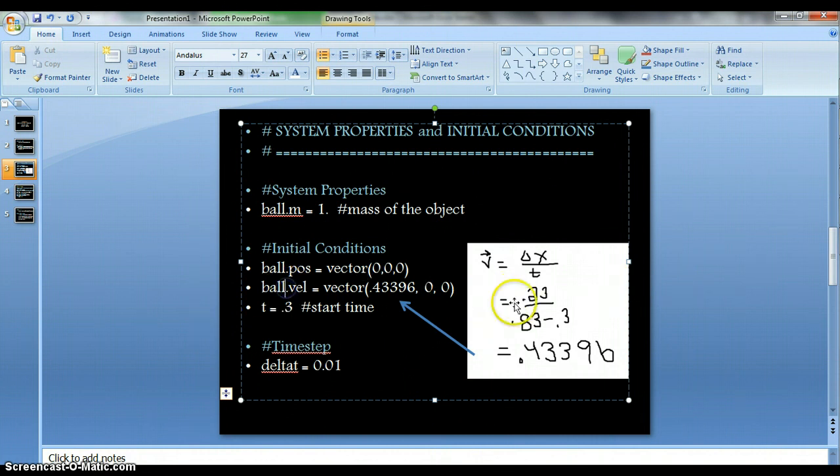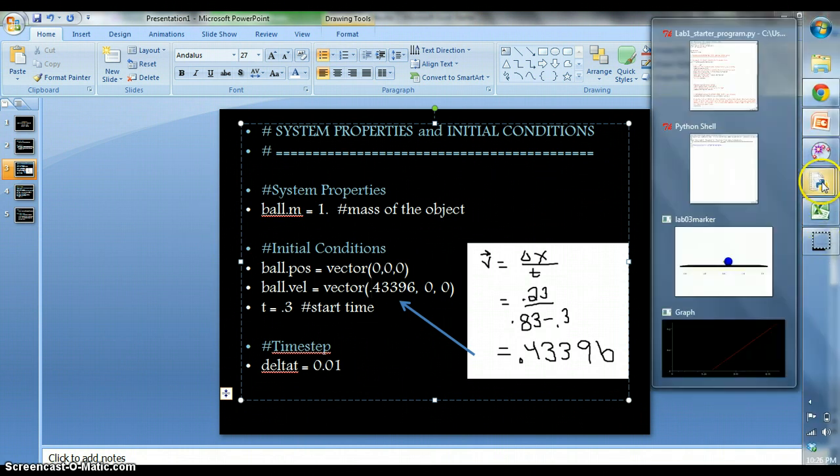And the ball velocity, I found that by getting an average velocity from the video, by doing delta x over delta t, which is your change in position over change in time. And from that, I got about 0.43 meters per second. And so I inputted that as the x component of my velocity vector, because the marker is only moving in the x direction.